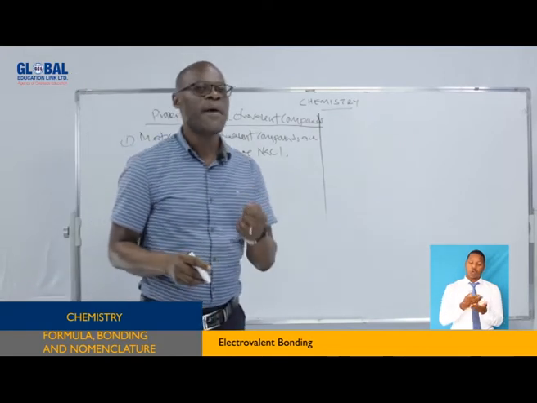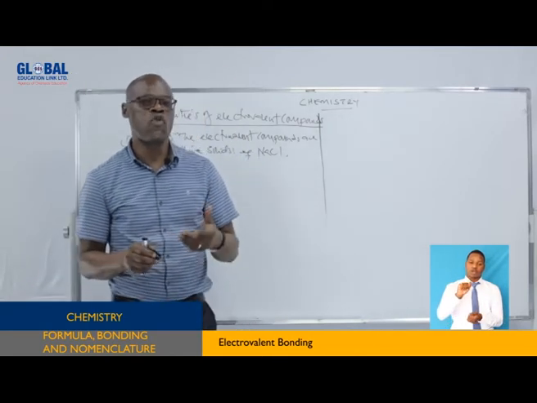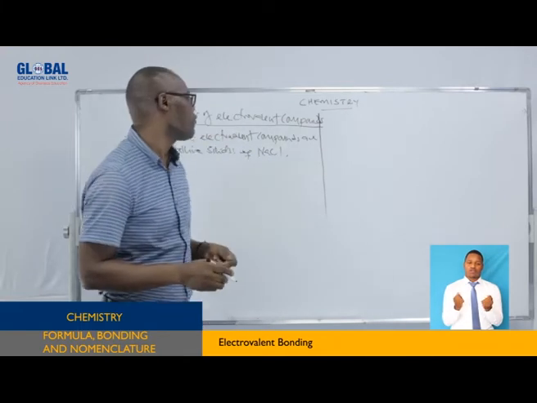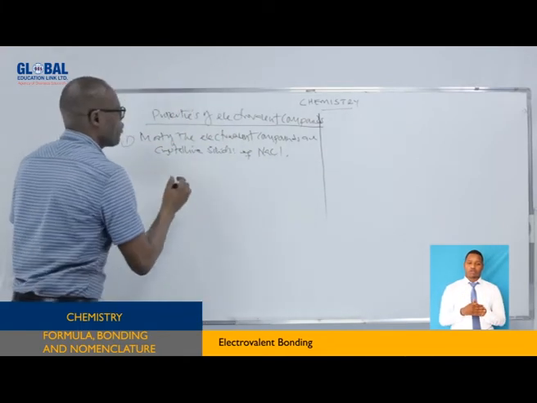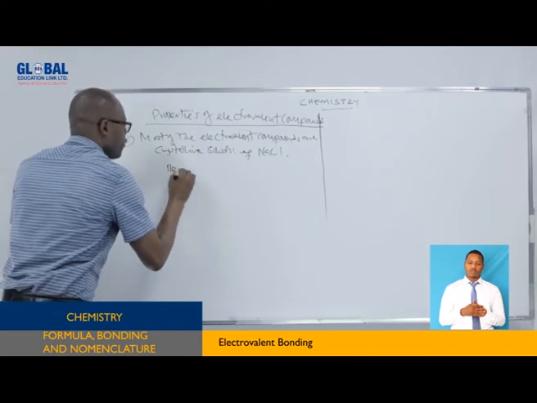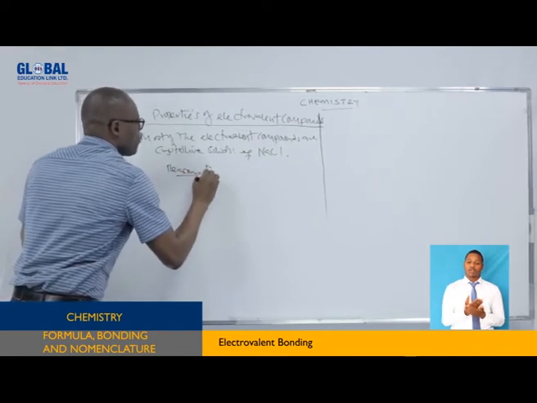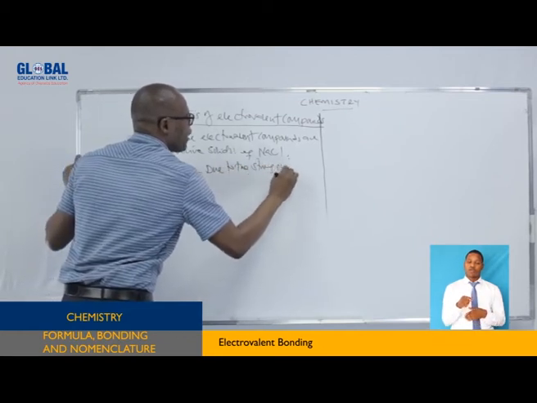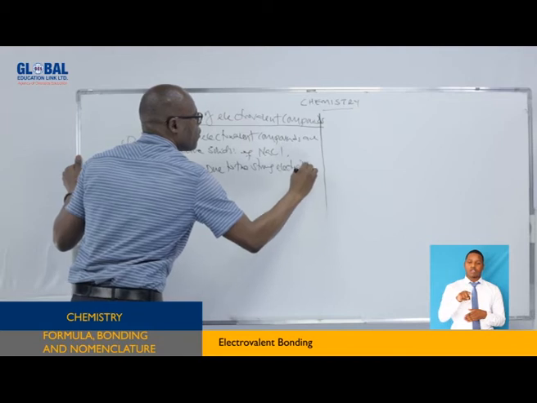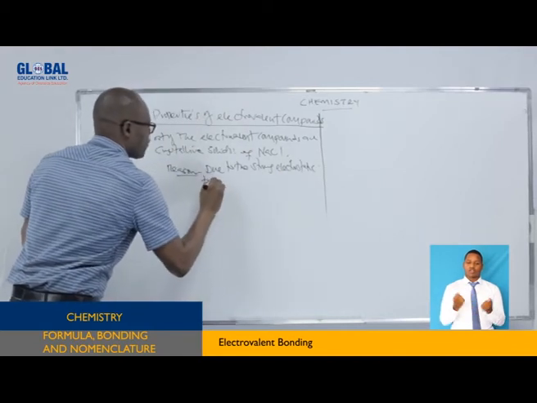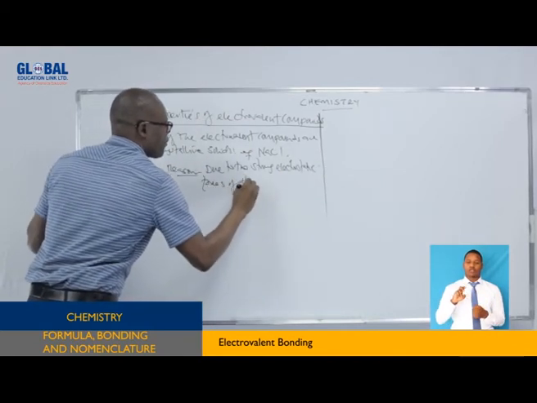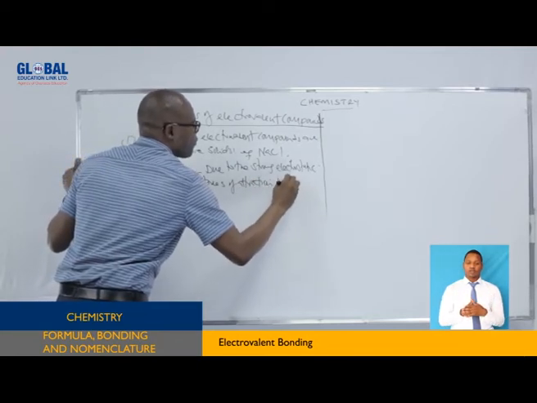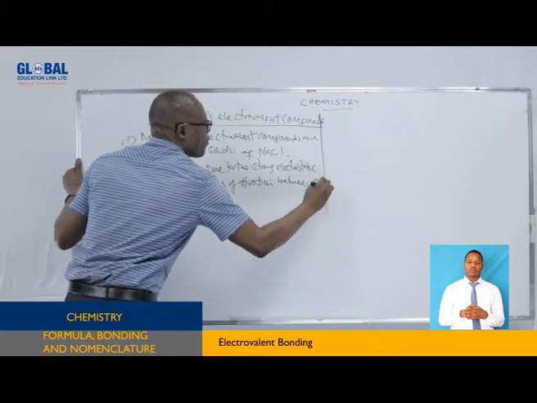Because the sodium ions and the chloride ions are joined together by strong electrostatic force of attraction to give it that kind of structure. So it's because of the attraction between the ions. So we have the reason: we say it is due to the strong electrostatic forces of attraction between the ions.